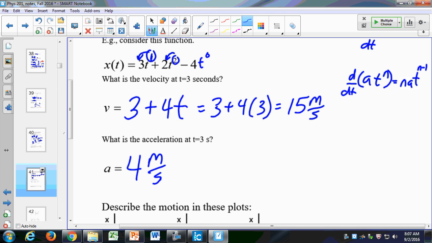Can we draw a velocity versus time graph for this? Think about what the velocity versus time graph will look like for this particular function. Think about which quadrant it's going to be in, what's going to be the slope of the line. Is the slope going to be increasing or decreasing?